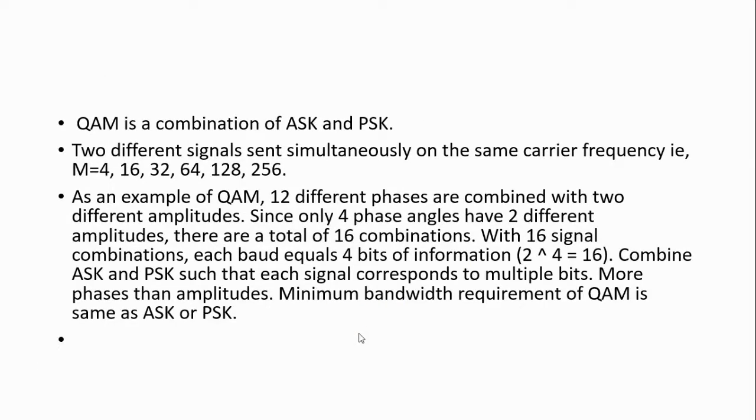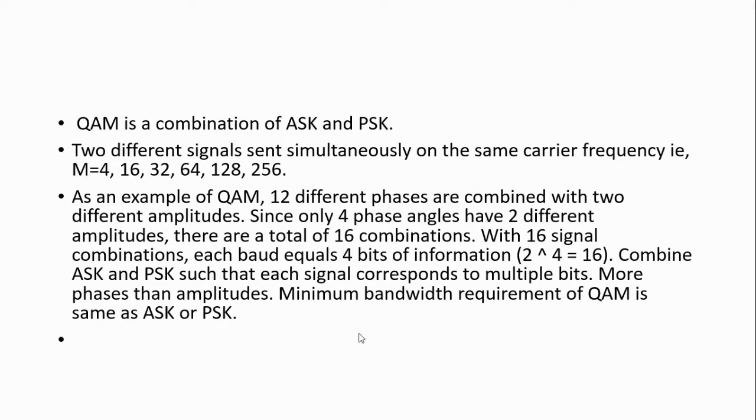QAM is the combination of amplitude shift keying and phase shift keying. Two different signals are sent simultaneously on the same carrier frequency. Here the M value is 4, 16, 32, 64, 128, 256. As an example of QAM, we consider 12 different phases combined with two different amplitudes. Here, 4 phase angles have two different amplitudes.